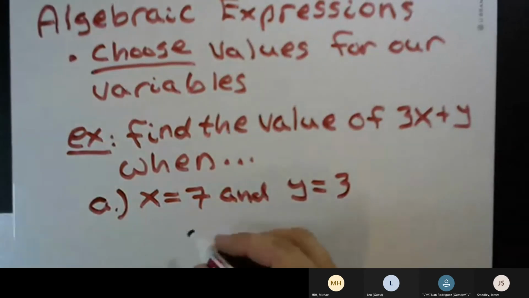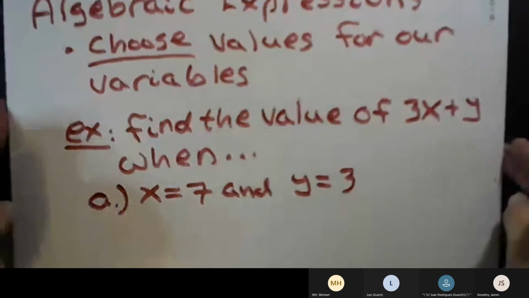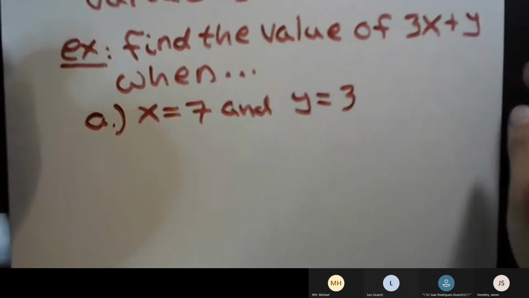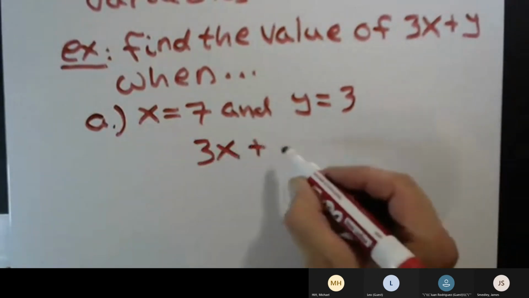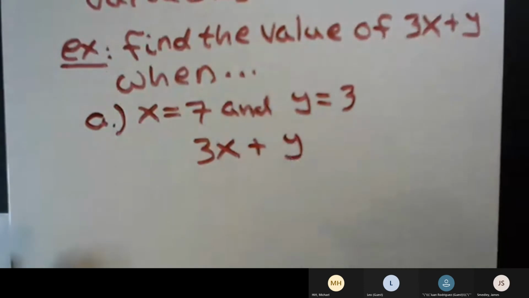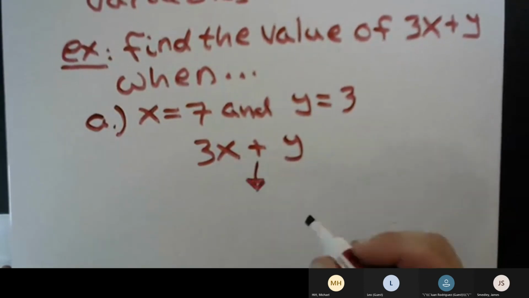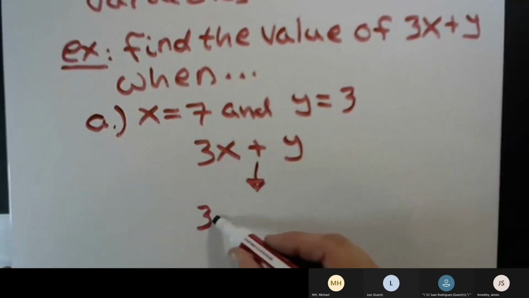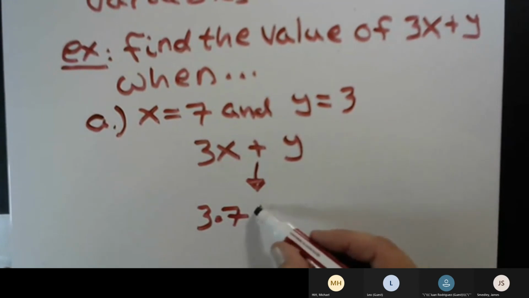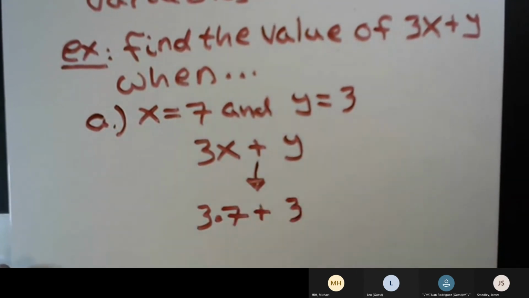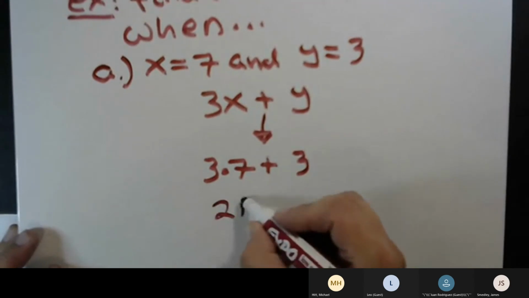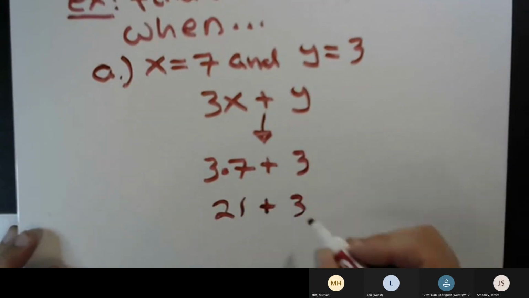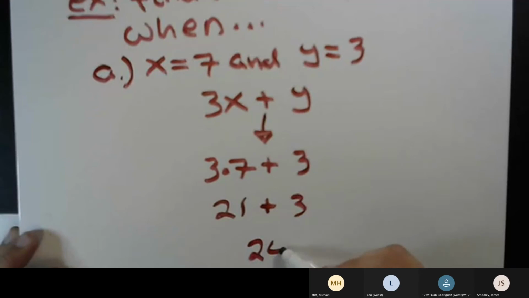So when we do that, our 3x plus y becomes 3 times 7 plus 3, or 21 plus 3, or 24.